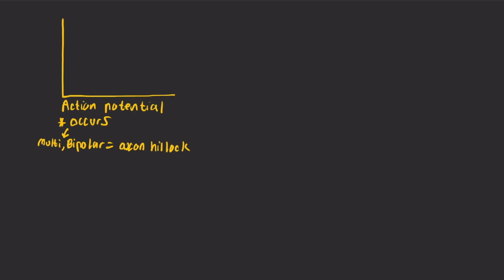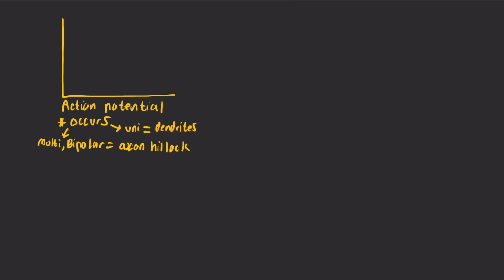In the unipolar neuron, you will have this happening at the dendrite. Okay, so you will have action potentials being initiated at trigger zones at the dendrites of unipolar neurons.